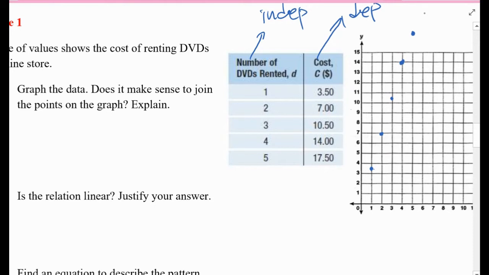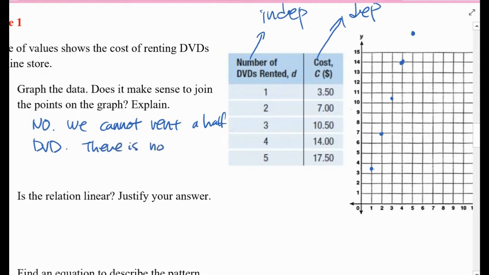So, graph the data. Does it make sense to join the graph? No. We cannot rent a half DVD. There is no point in between 2 points.